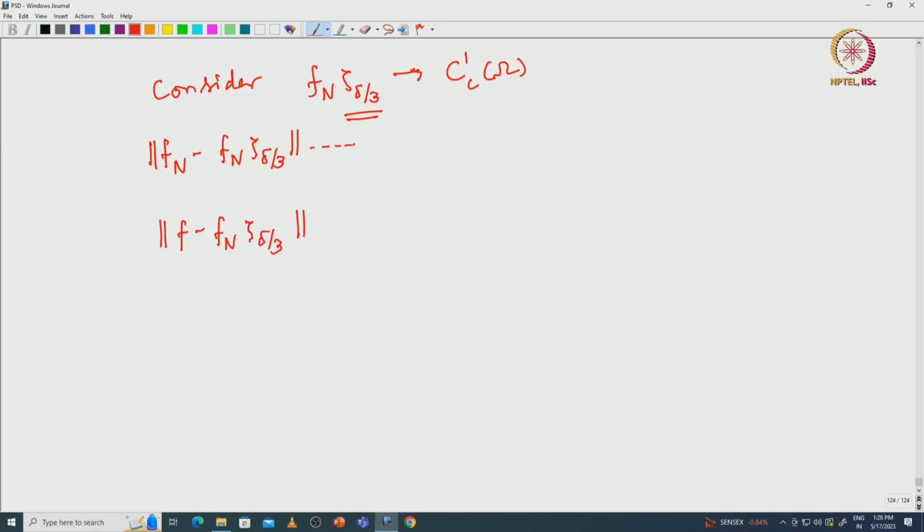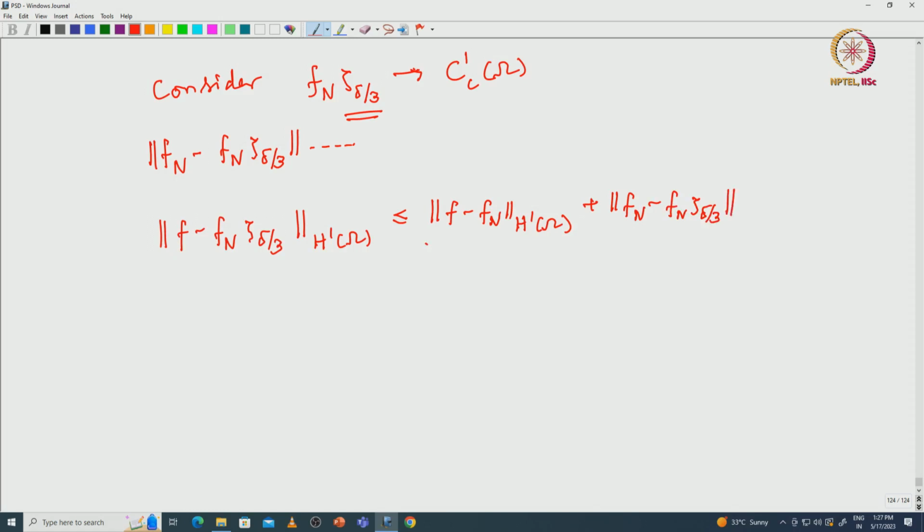So, by the triangle inequality, the H1 omega norm of f minus f_n j delta by 3 is less than or equal to the norm of f minus f_n plus the norm of f_n minus f_n j delta by 3.